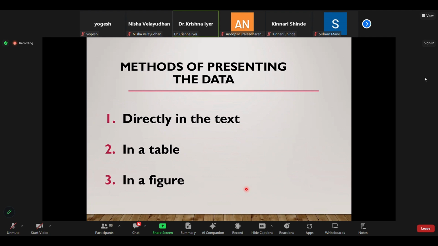Okay. Now, in the results section, when you present your data, you can present it in direct text form, that is in sentences, or you can use tables or figures to assist people in looking at the result you have generated or the information you have organized. Okay.